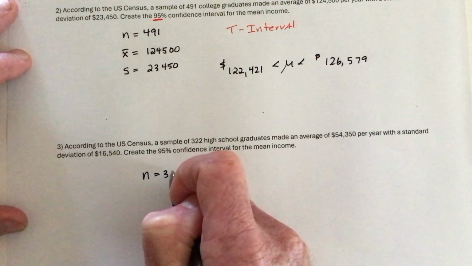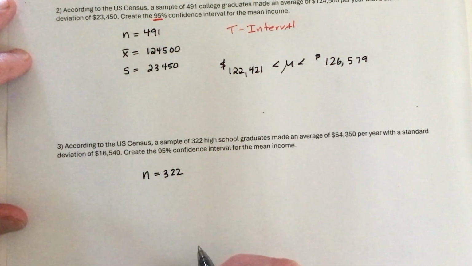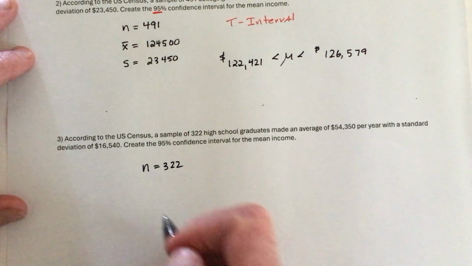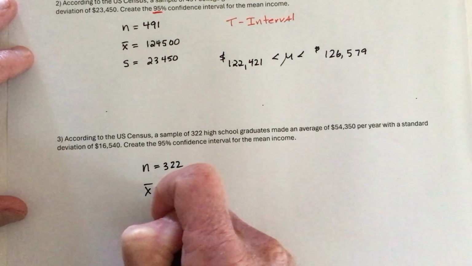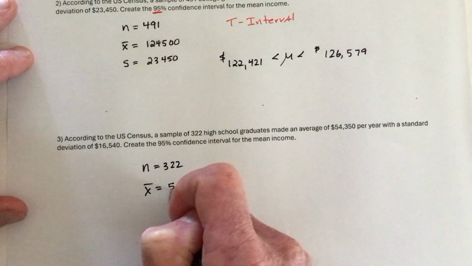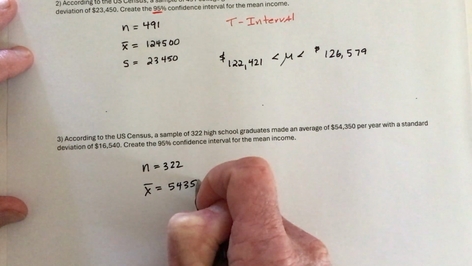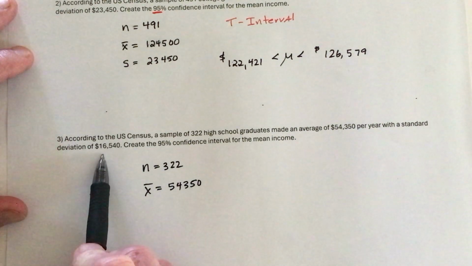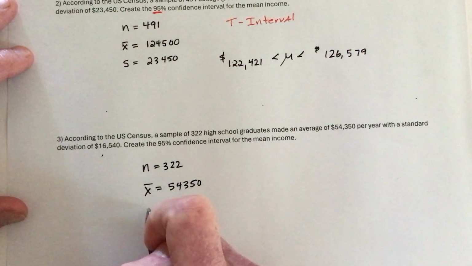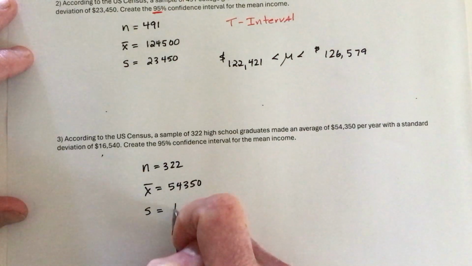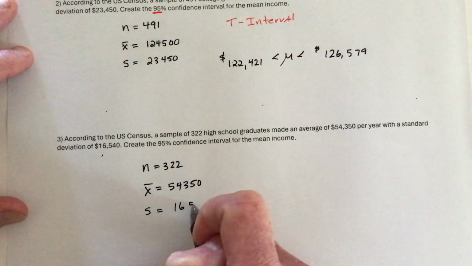I didn't change any of the other information, I just changed that. And then they made an average of 54,350. And the standard deviation, s, equals 16,540.